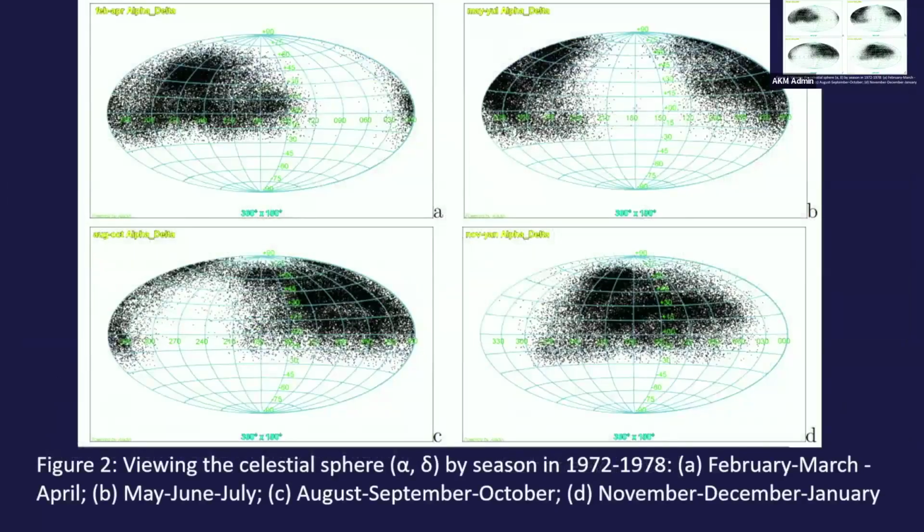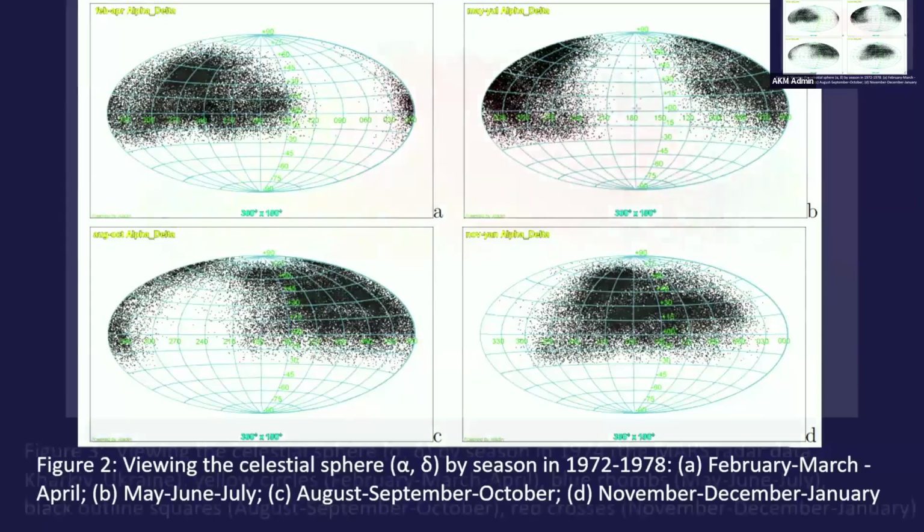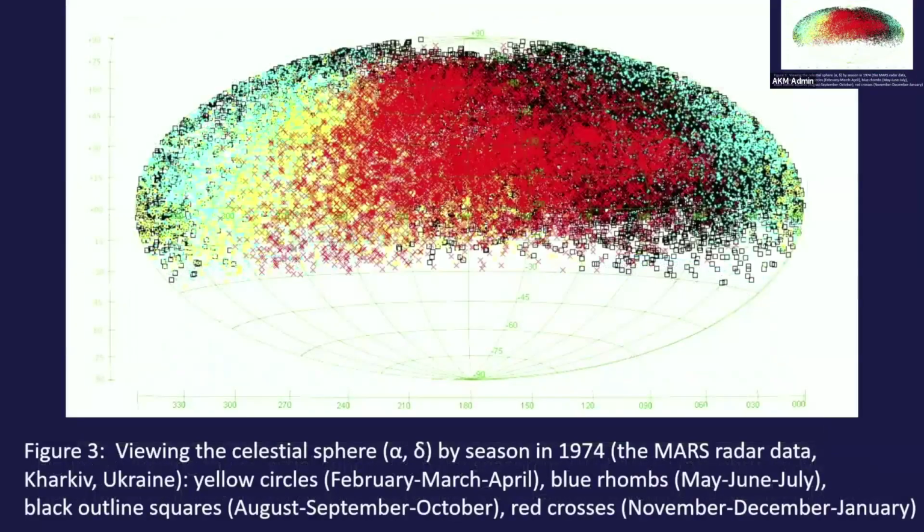Here we mean the celestial sphere alpha delta by seasons in 1972 and 1978: February, March, April on A, May, June, July on B, August, September, October on C, and November, December, January on D. Figure three is the celestial sphere alpha delta by seasons in 1974.